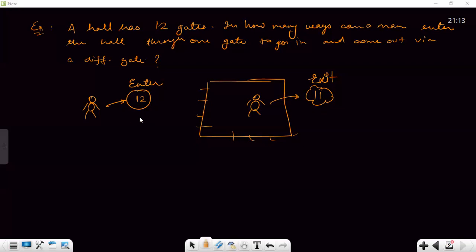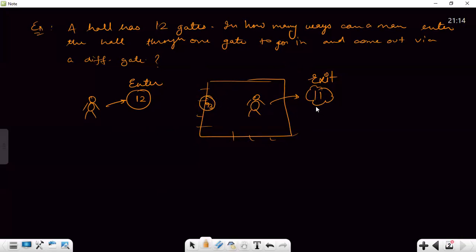Now, the total number of ways in which Sonu can enter and exit will be the product of both numbers of ways. Why so? Because the event of exiting the hall depends on the first entrance. If Sonu entered through gate number 3, he will not be able to exit through gate number 3 because of the given condition.